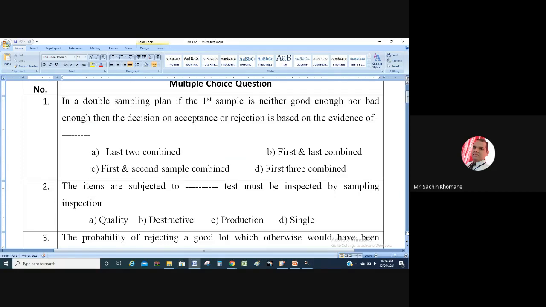Such simple questions you should answer. We have discussed already, right? When sampling inspection is required. Have you understood sampling at least?